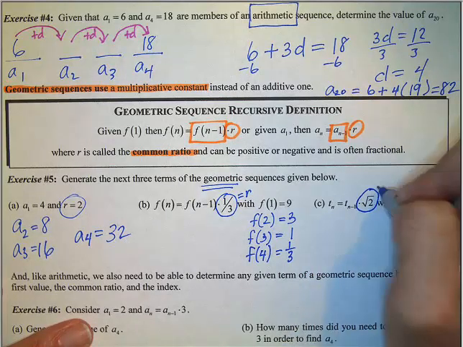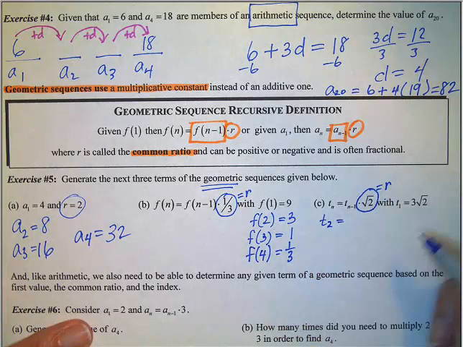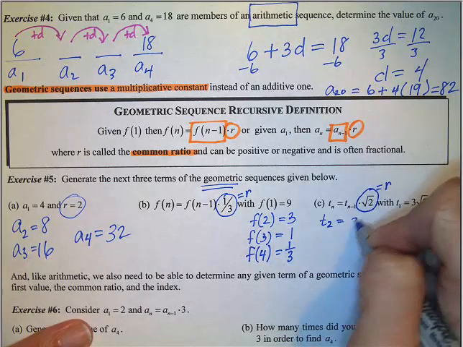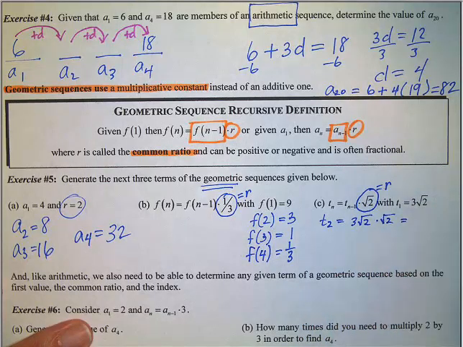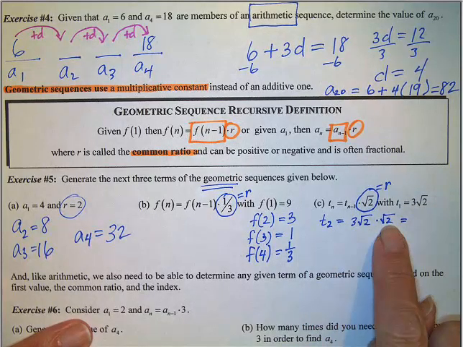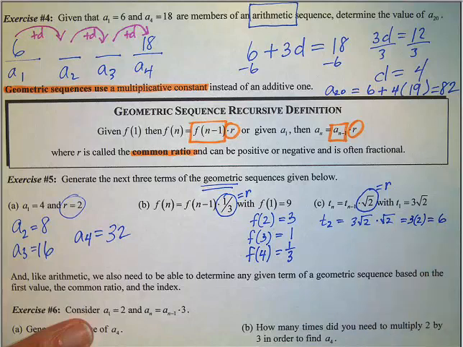So this is your common ratio. So the second term equals the first term, 3 radical 2 times radical 2. So radical 2 times radical 2 is radical 4. Well, radical 4 is 2. So this is 3 times 2, which is 6.